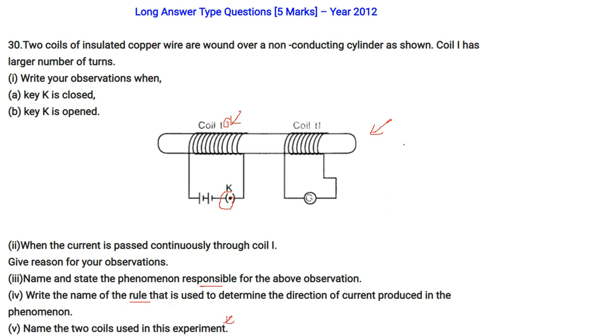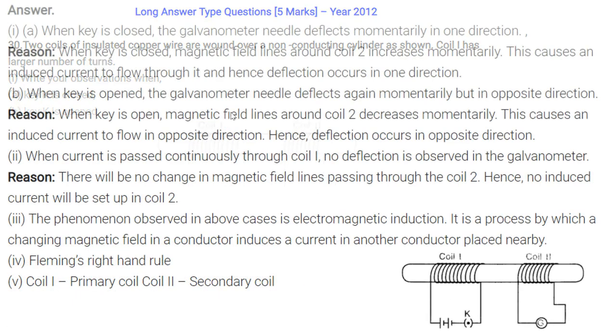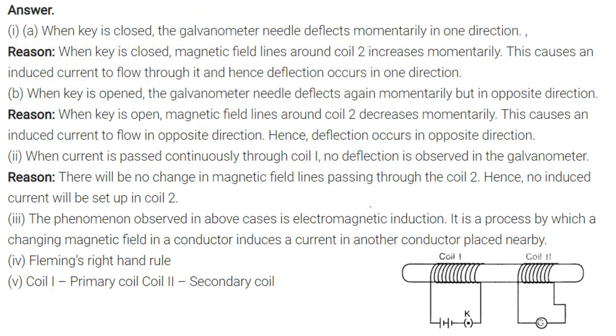This type of question we have already seen, so let us go through it very quickly. When the key is closed, the galvanometer needle deflects momentarily in one direction. The reason is that when the key is closed, the magnetic field lines around coil 2 increase momentarily. This causes an induced current to flow through it, hence the deflection occurs in one direction.